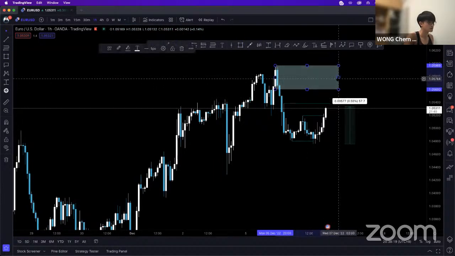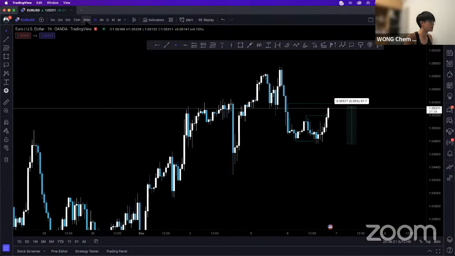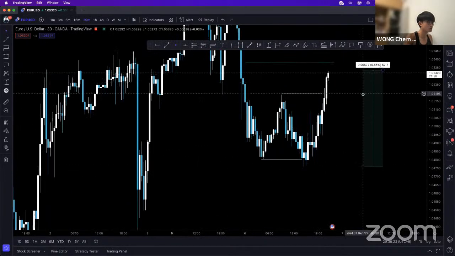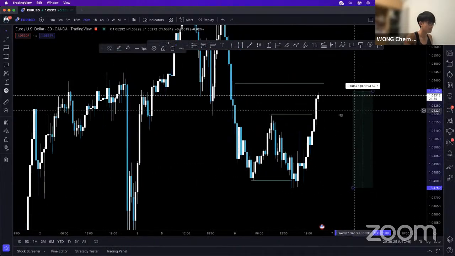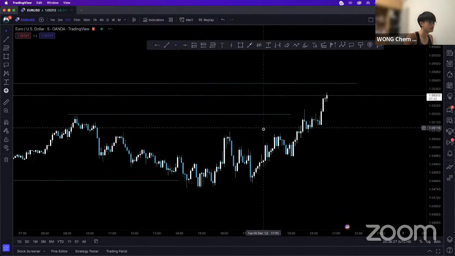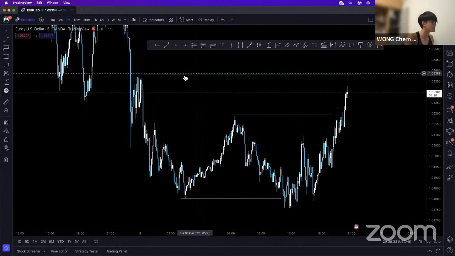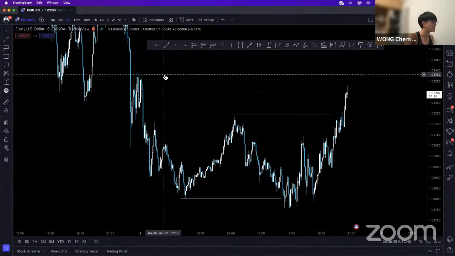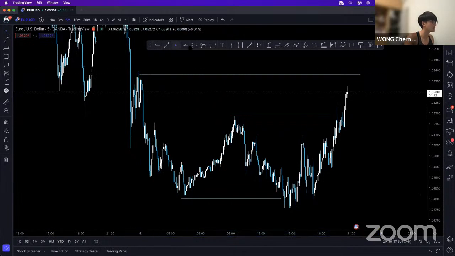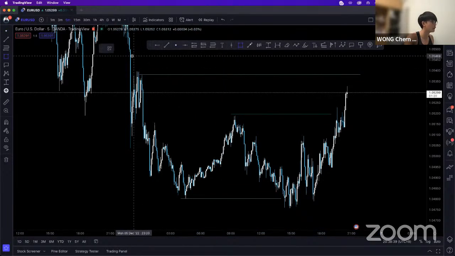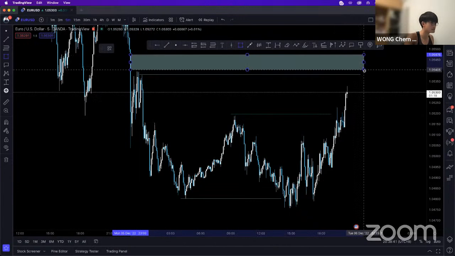Let me go down to the lower time frame to show you guys what I'm talking about. Let's talk about the 5 minutes time frame, guys. We can see that there is a lot of liquidity at these areas, followed by a lot of fair value gaps right above these areas too.